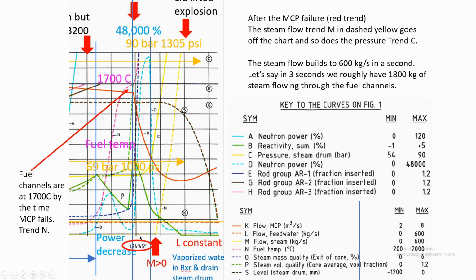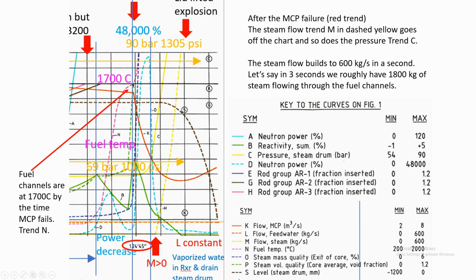And 1 second increment is 1 grid line on the chart time scale. Taking a rough estimate, say 600 kgs per second in 3 seconds provides 1,800 kgs of steam flowing through the fuel channels. Steam pressure in trend C, also in yellow, is going through the roof, and temperature in magenta trend N in the fuel channel is already 1700 degrees C by the time the MCP fails.